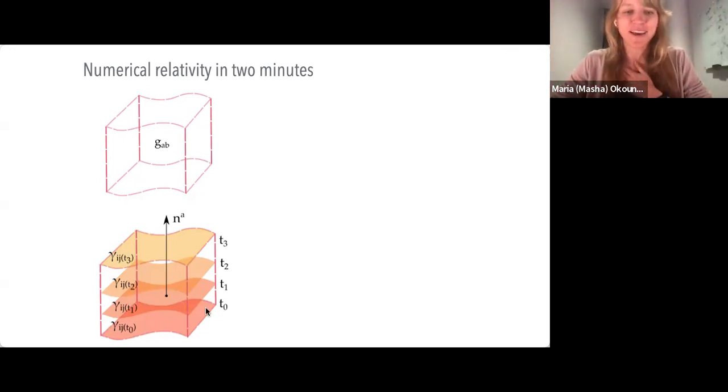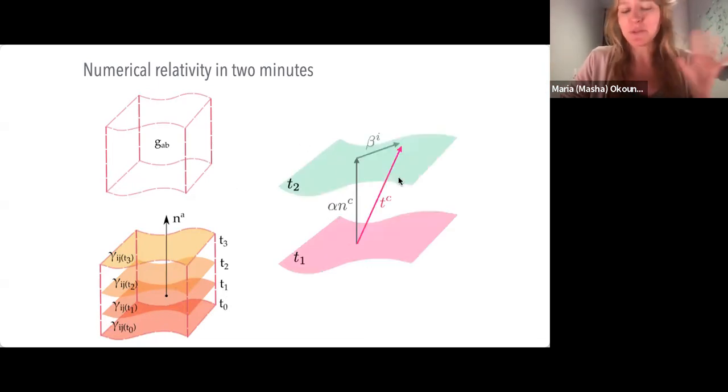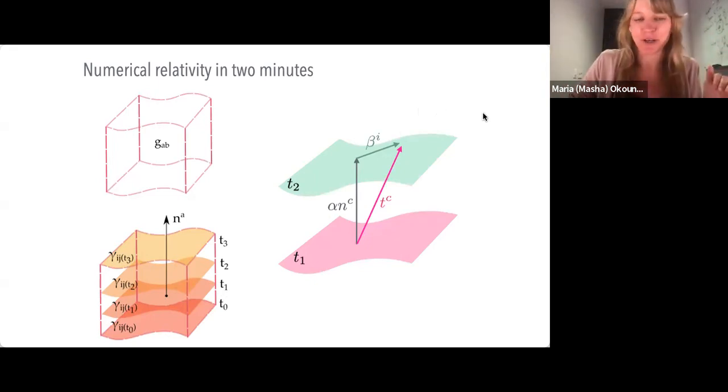Here we have labeled each slice with a time label. We have a spatial metric on each slice, and then we move from slice to slice using a unit time-like normal vector. And Manuela showed this picture before, but moving from slice to slice, you have a lapse function measuring proper time, and then your coordinates shift according to a shift function.